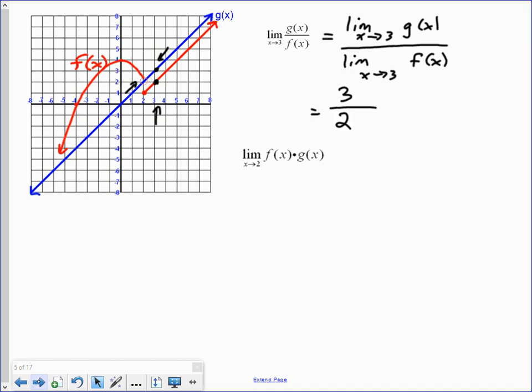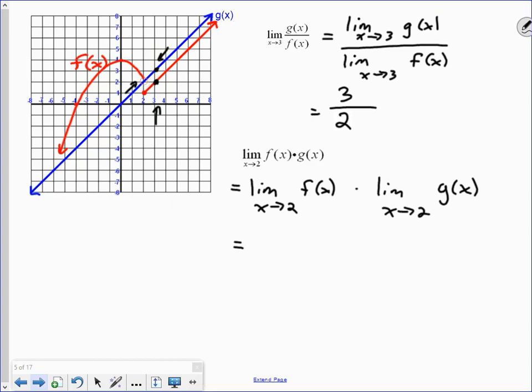If you've got something like the limit as x tends to 2 of f at x times g at x, again, I can break this up. This is the limit as x tends to 2 of f at x times the limit as x tends to 2 of g at x, and try to evaluate each of these independently.